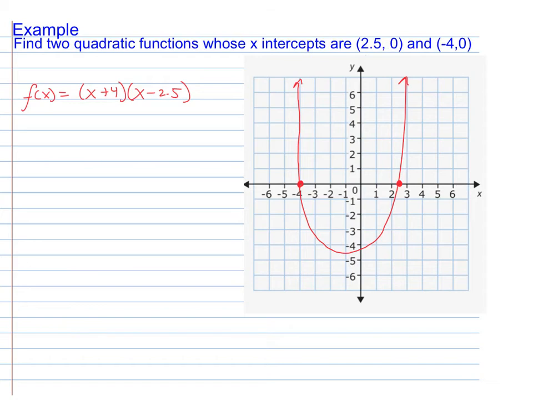The other quadratic that could be, instead of having a positive, like we discussed in class, if you just flip it around, same points, all you would have to do is multiply by a negative, which reverses our quadratic. So now it would be negative, x plus 4, x minus 2.5. And now we have our two quadratics. They have those x-intercepts. One's positive and one is negative.